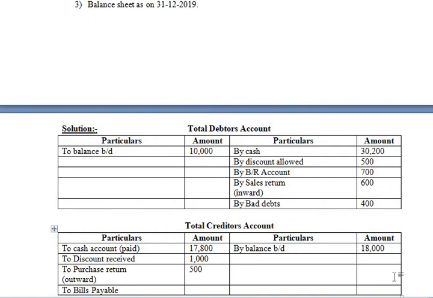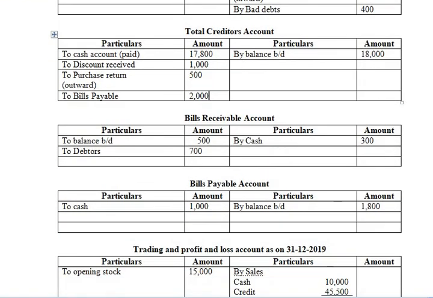The amount is 2000 rupees. Then the bills payable account will be credited by creditors account, amount 2000 rupees.